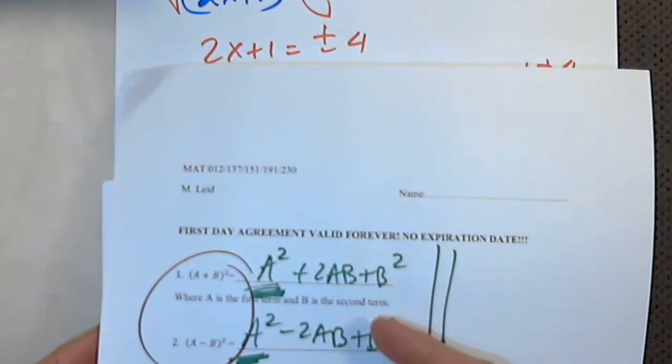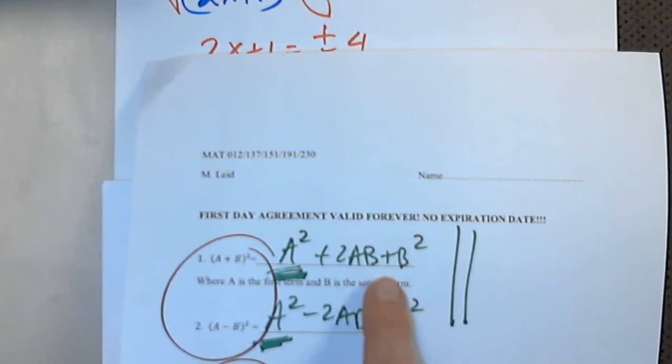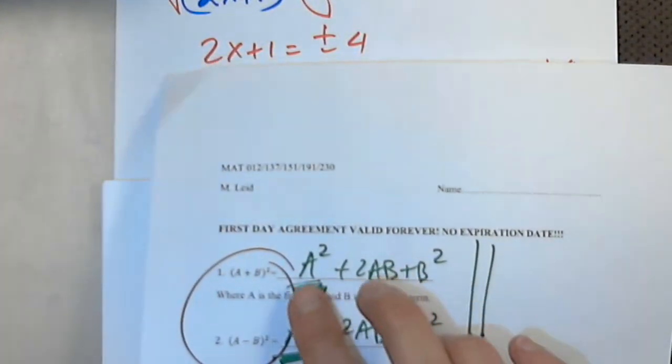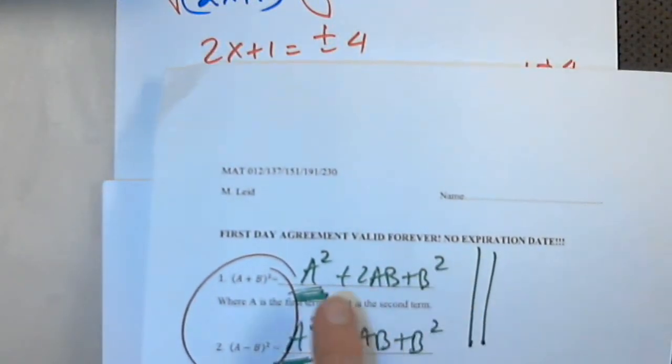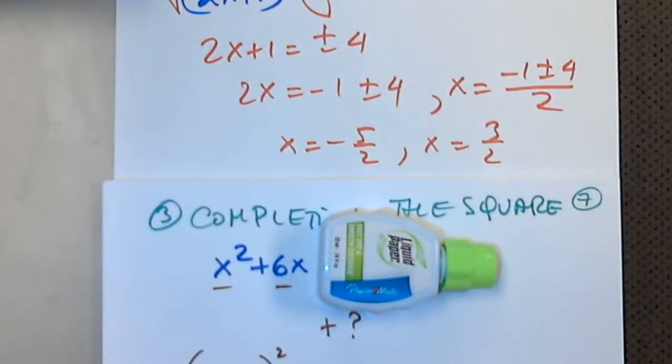Of course, it's one or the other, right? Since this is positive, then I'm looking at this. So what should this be using the terms that I already have and I cannot change, x squared plus 6x? What do you think this should be so that I can write it like that? 9. Awesome.